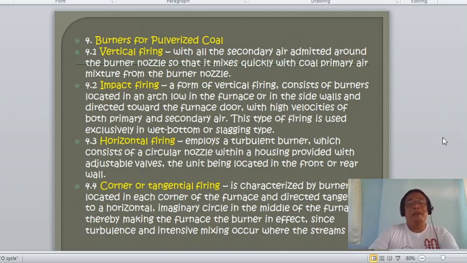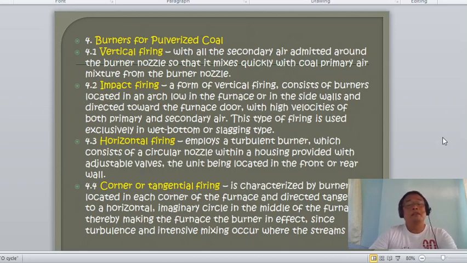This type of firing is used exclusively in wet bottom or slagging type furnaces. Another is horizontal firing, which employs a turbulent burner consisting of a circular nozzle within a housing provided with adjustable valves, the unit being located in the front or rear wall.